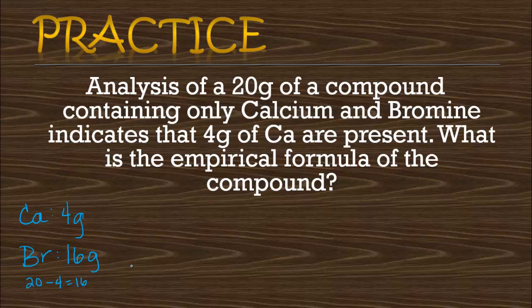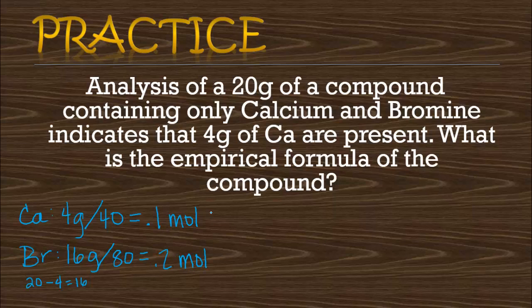So I have grams. Divide through by your molar mass. So Ca is 40, Br is 80. So Ca's ratio comes out to 0.1 moles. Br comes out to 0.2 moles.